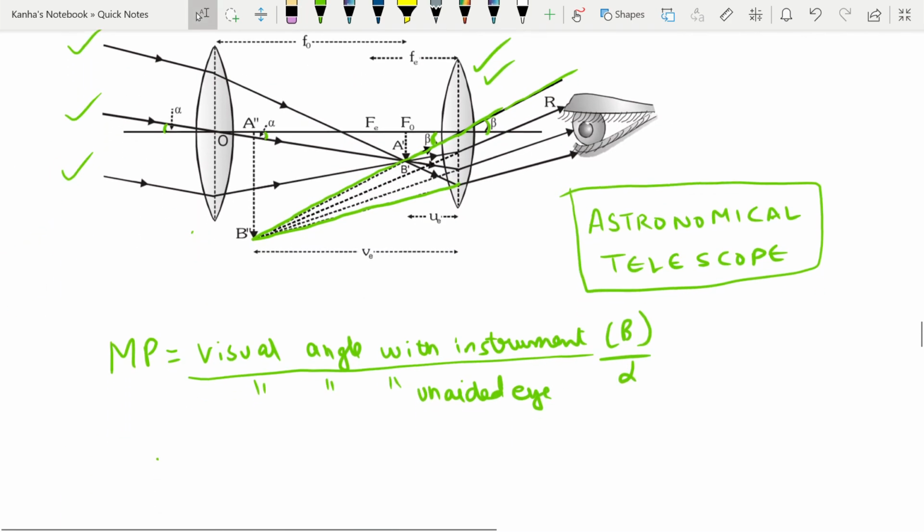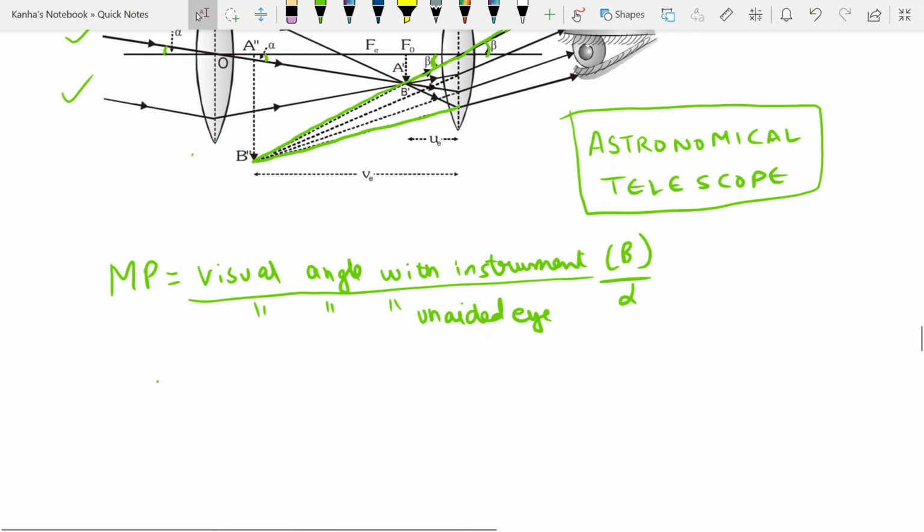I can again write this down for two different cases. If the final image is at infinity, so VE is equal to minus infinity, and UE is negative.